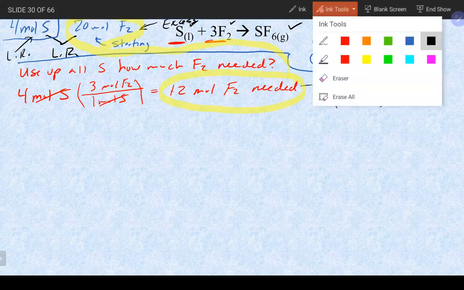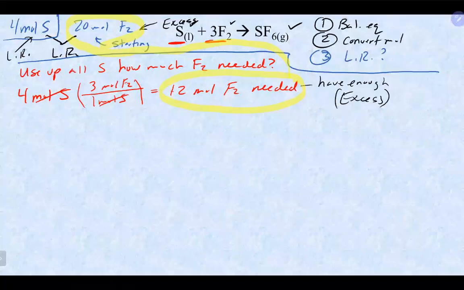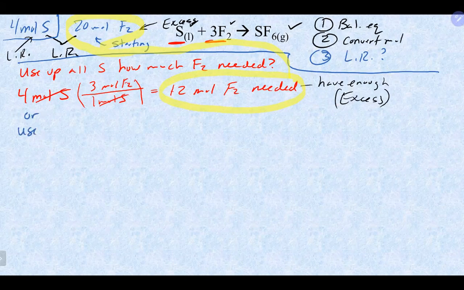If you decided to choose the other reactant, and you wanted to know, for example, if I want to use up all the F2, how much S would be needed, we would do the same very simple calculation.